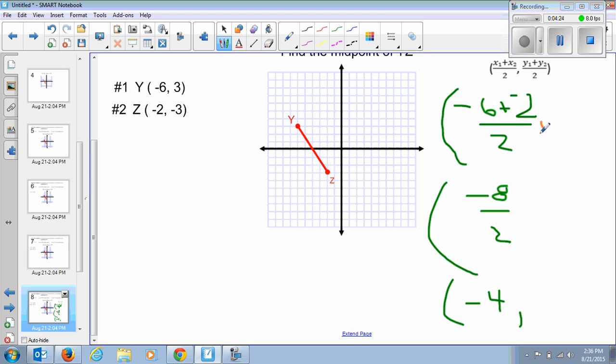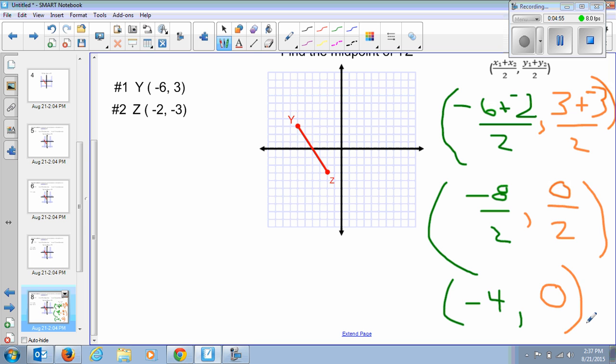So I'm going to do y1, the y coordinate of the first point, Y, which is 3, plus y2, the y coordinate of the second point, Z, which is -3, and divide that all by 2. 3 plus -3 gives me an answer of 0, and 0 divided by 2 gives me an answer of 0. So my midpoint is at (-4, 0). It's roughly right about here. Again, the midpoint formula must be memorized.